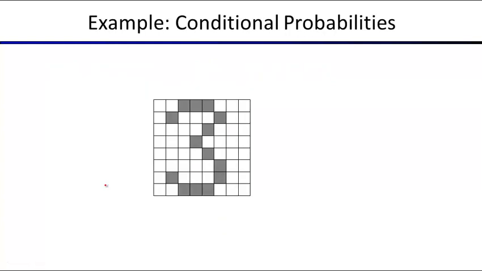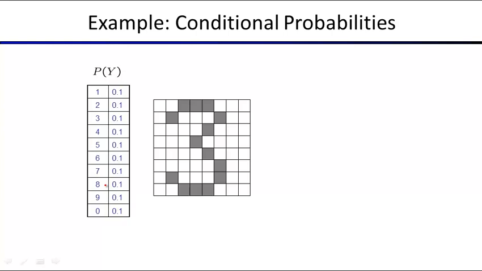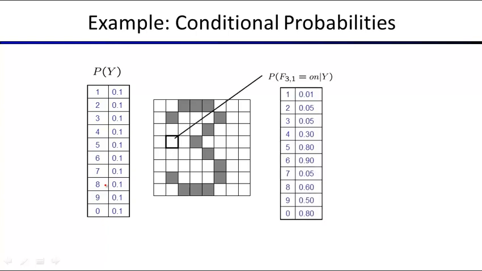So let's take a look at what type of conditional probabilities we'd like to have. Let's say you have a digit classification task. Maybe your prior could be something where everything is equally likely. And then for each feature, you have something that says how likely it is for that feature to be on given the class label.